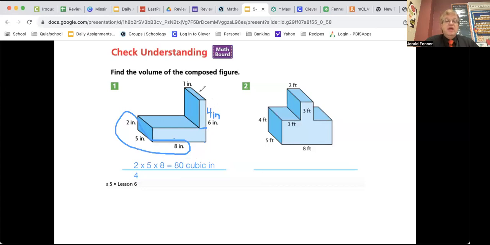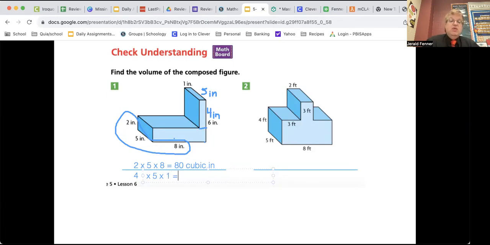We know that the width is going to be the same as this one right here, so it's going to be 5 inches. And then we know that, well, actually, this is the height, this is the length, and this is the width. So it's going to be 4 times 5 times 1.